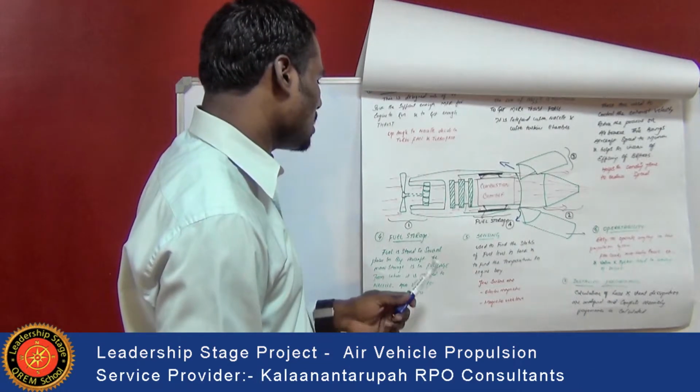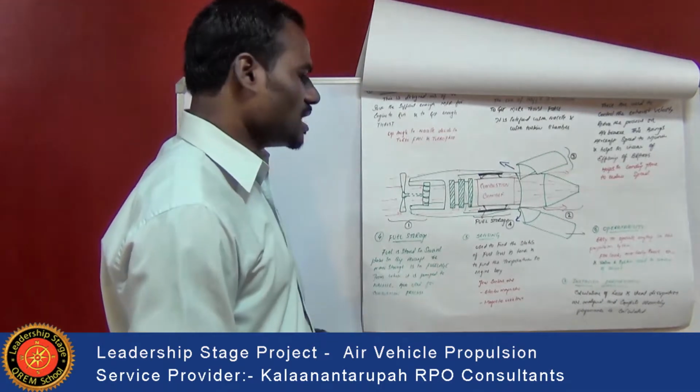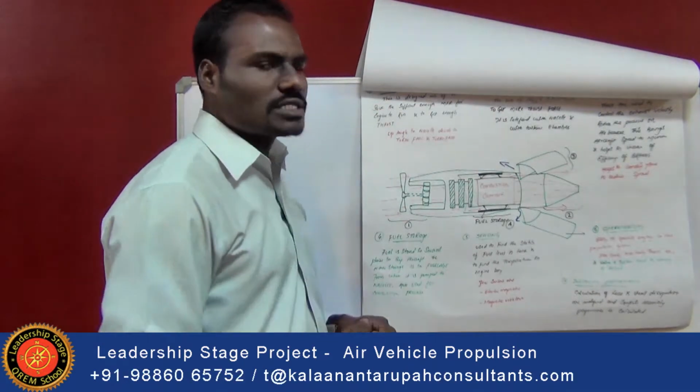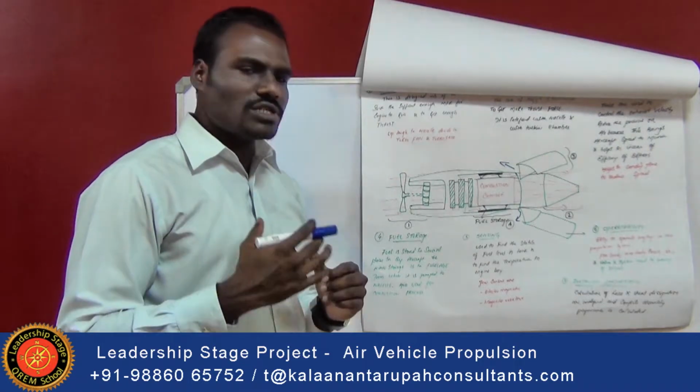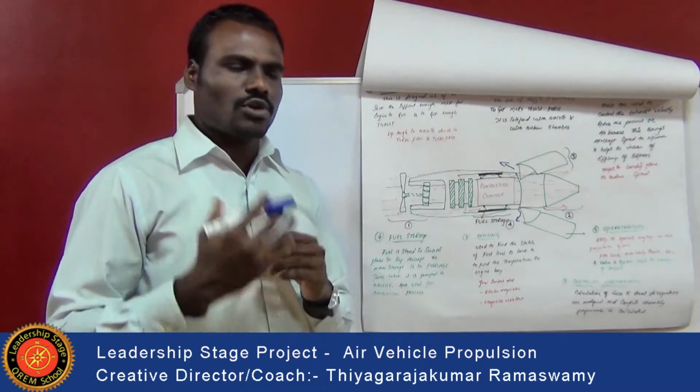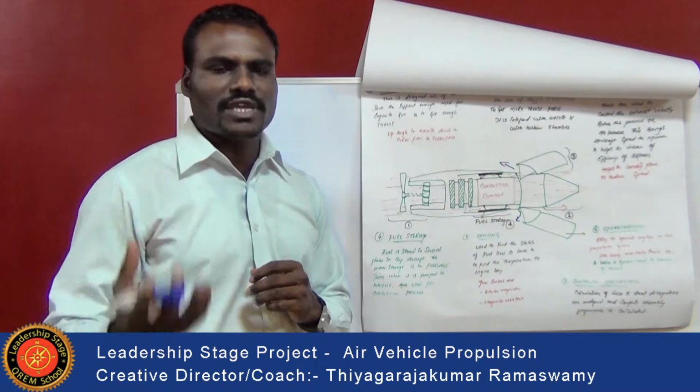The next one we are going to see is the fuel storage system, which is involved in the propulsion system. Here, the fuel storage system in an aircraft engine is employed, and the fuel tank is employed at the wing of an aircraft.